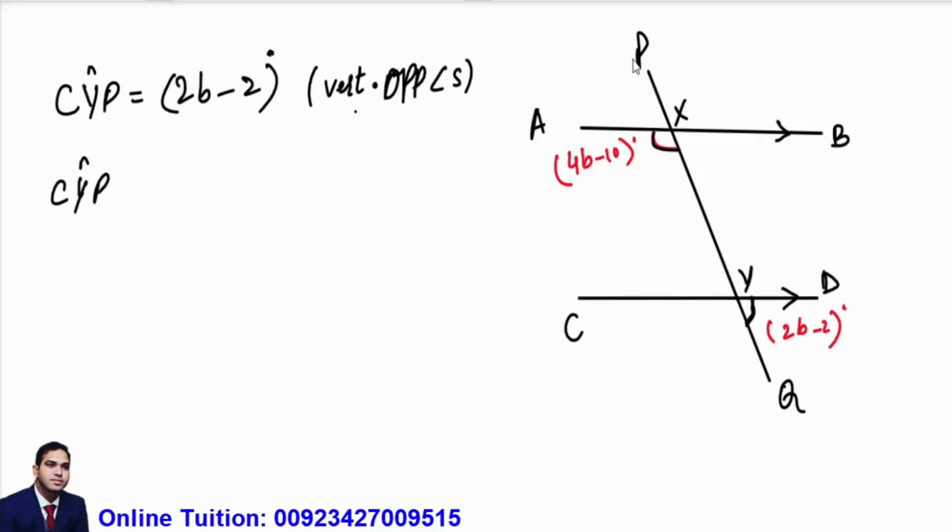And after that you can also see that CYP, okay, CYP plus 4B plus 10 degree is equal to 180 degree, because these are internal angles.